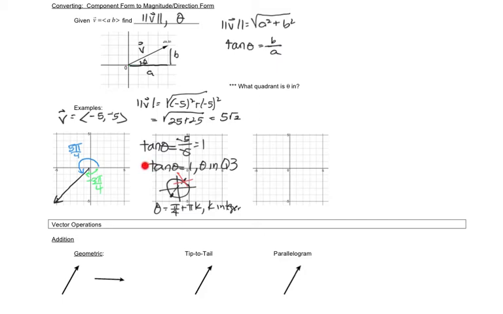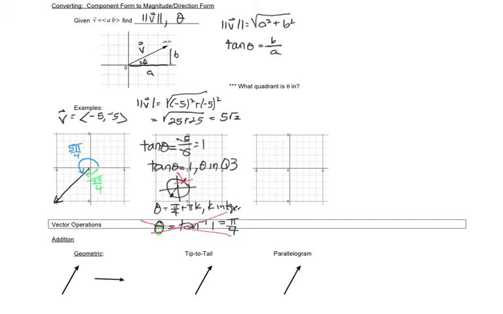So I can't just say, okay, tangent of theta is 1, let me put this in my calculator and say theta equals the tangent inverse of 1. The tangent inverse of 1 is pi over 4. That is not the angle that we need. So we can't just write that in terms of the inverse tangent.